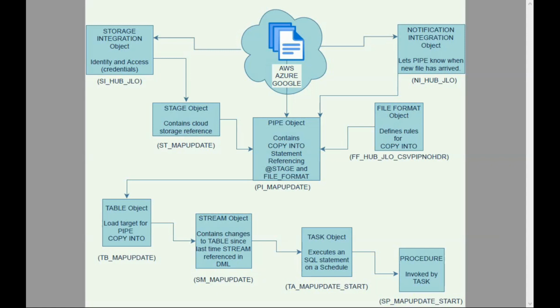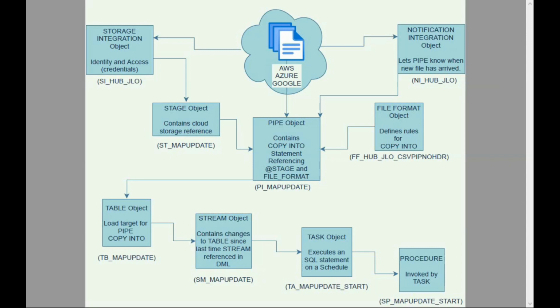The SI Hub JLO storage integration object stores an identity and access management, or IAM, entity for external cloud storage, along with an optional set of allowed or blocked storage locations. The ST mapUpdate stage object references the storage integration object.